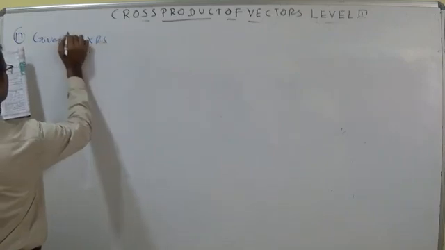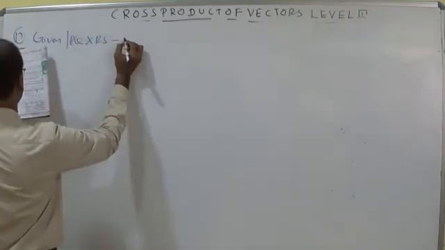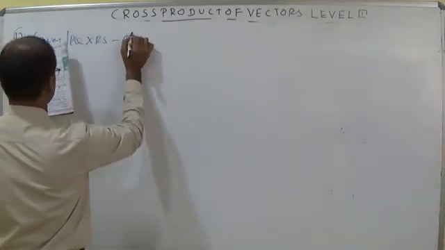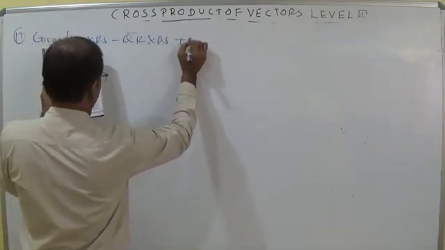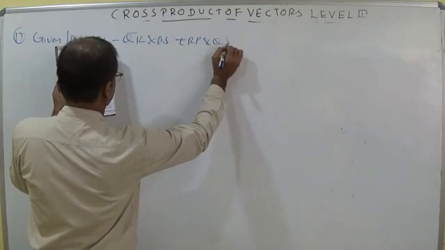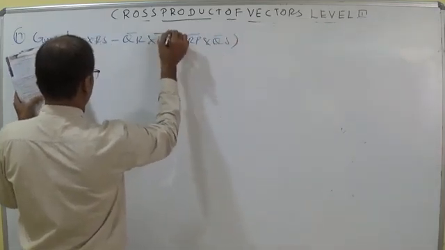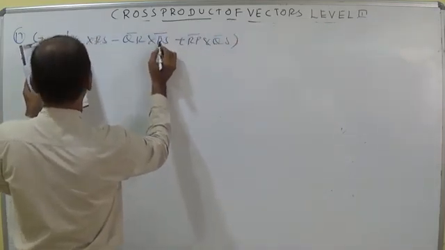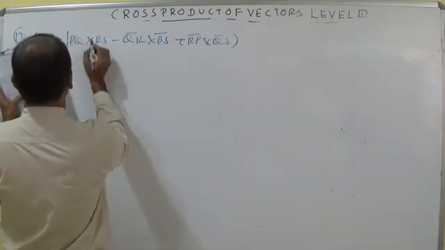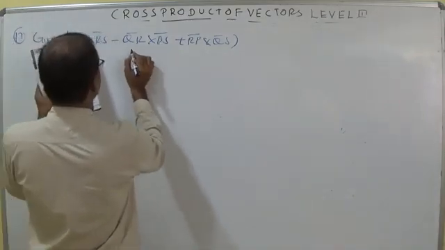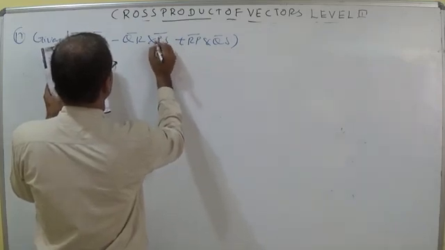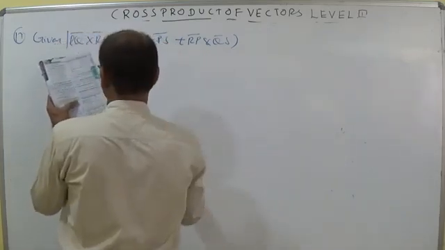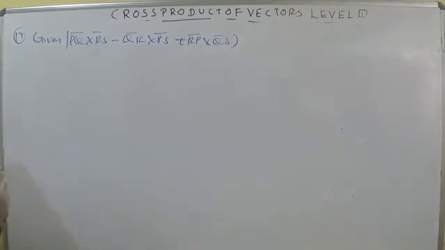Given: modulus of PQ cross RS minus QR cross PS plus RP cross QS is equal to the given value.